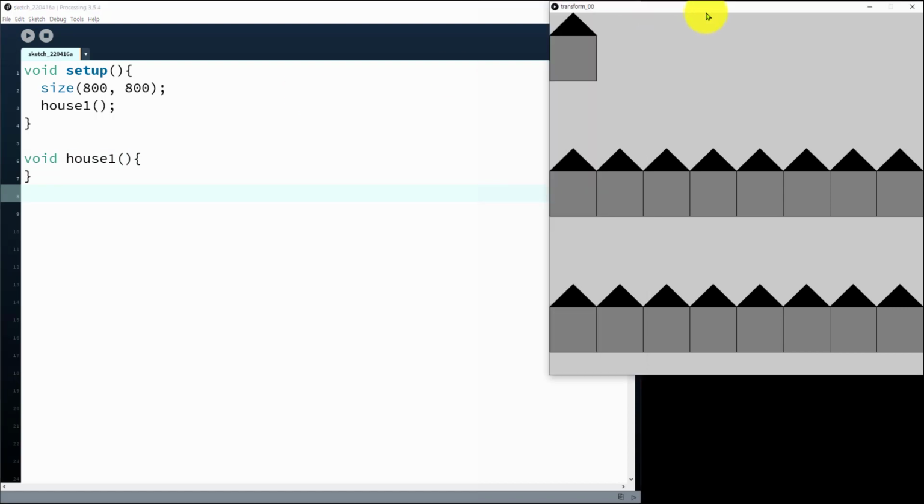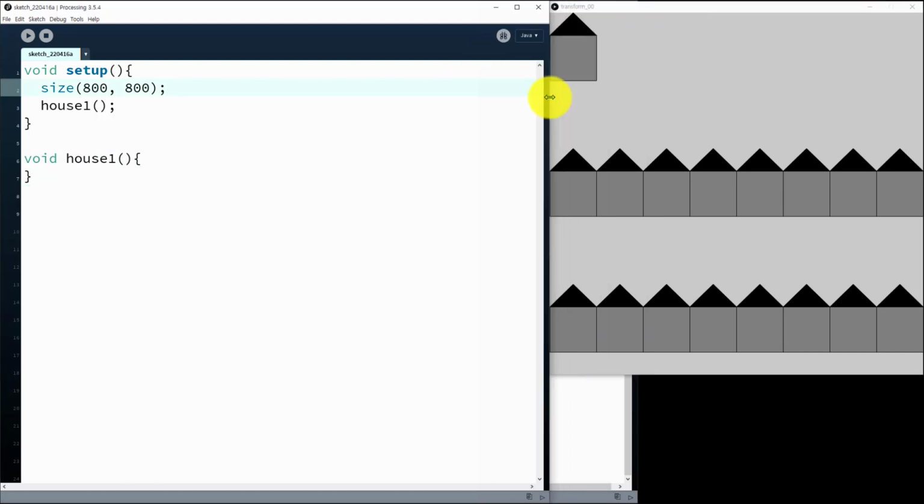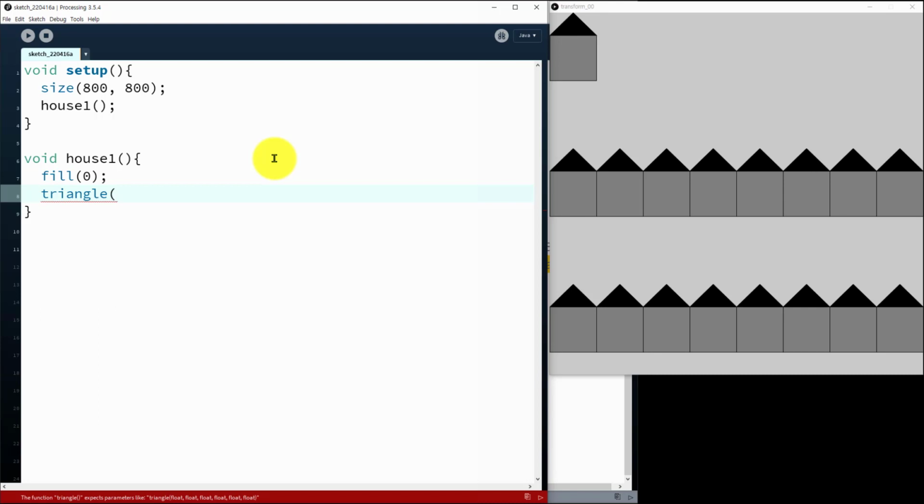So to draw this house image, we need a triangle, right? So I'm gonna fill 0 for the top, and for the triangle, what is the first point? The topmost point should be 50, 0, right? And the left point should be 0, 50. And the right corner should be 100, 50.